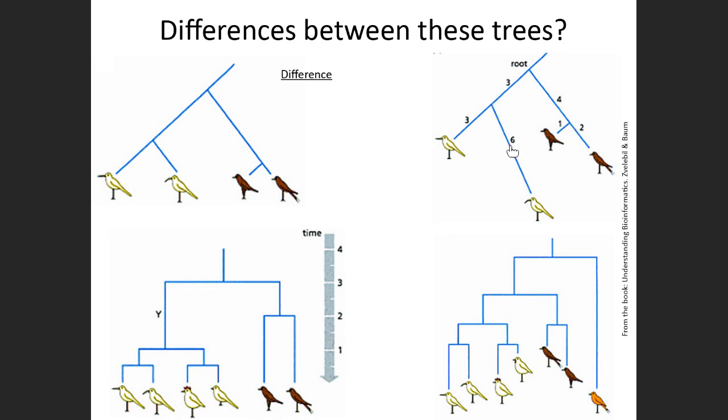Then this one, the little numbers, yeah, that's an additive tree, which would mean like this guy is the most different. So let's say this bird is more different from the ancestor that generated that and that than this one is.